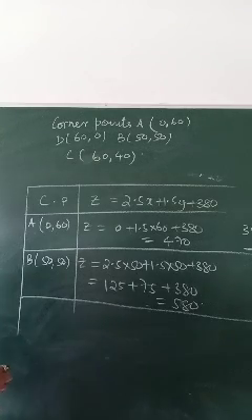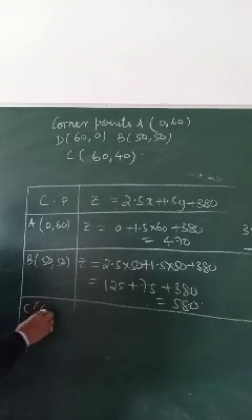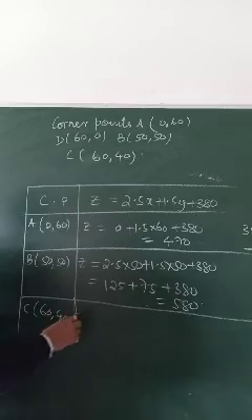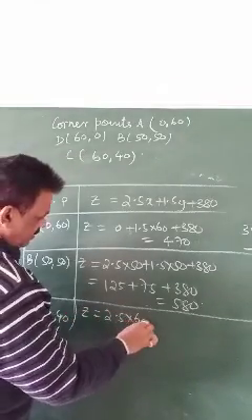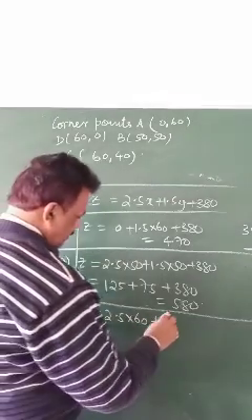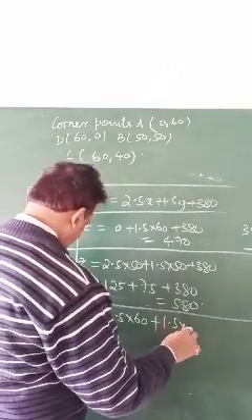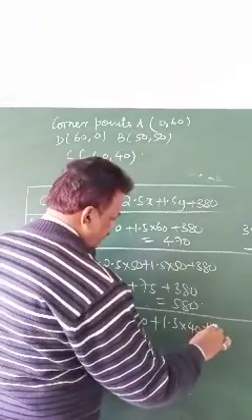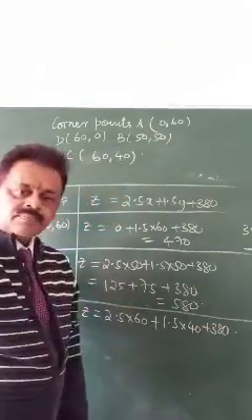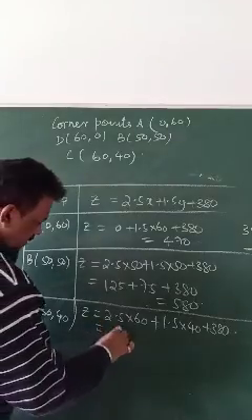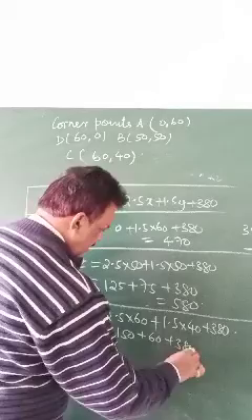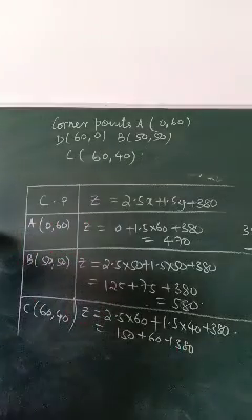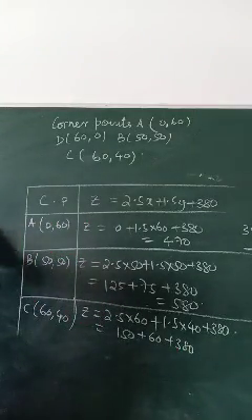Then comes C: 60, 40. Z equals 2.5 into 60, 1.5 into 40, plus 380. How much you got? 150, 60, 380. 210, 590.